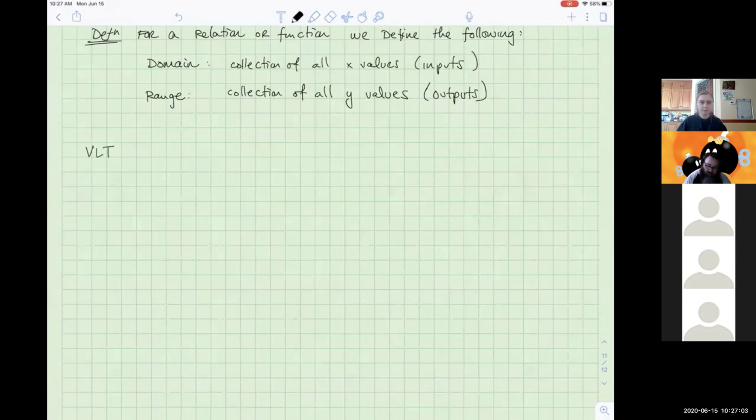The VLT. I'm not sure what kind of sandwich that is. Venison, lettuce, and tomato. It's kind of weird to have a deer sandwich. You can't just say veggie, lettuce, and tomato because that's, I don't know, why give it an acronym? Has anybody got a good V for the VLT?